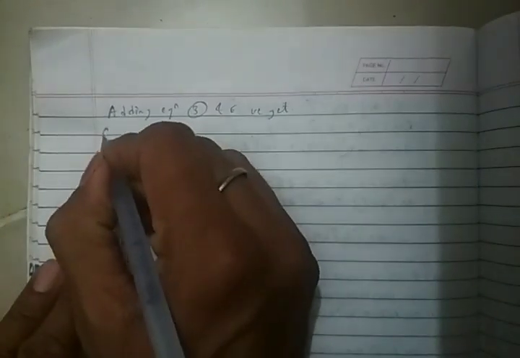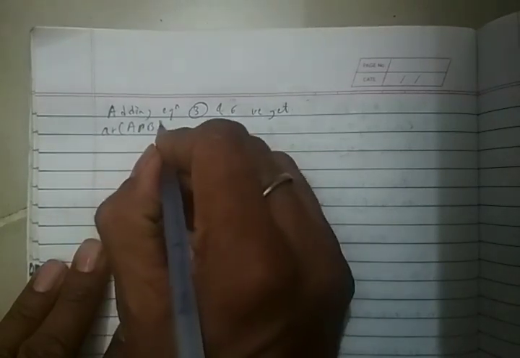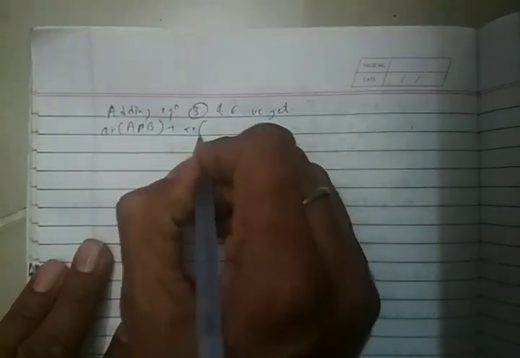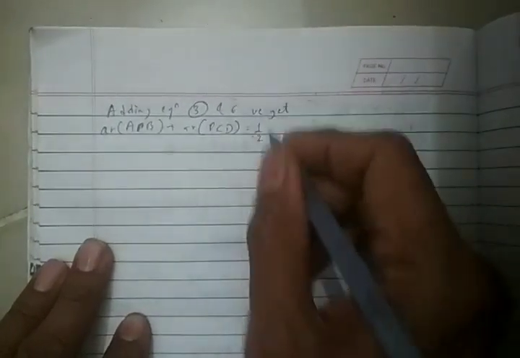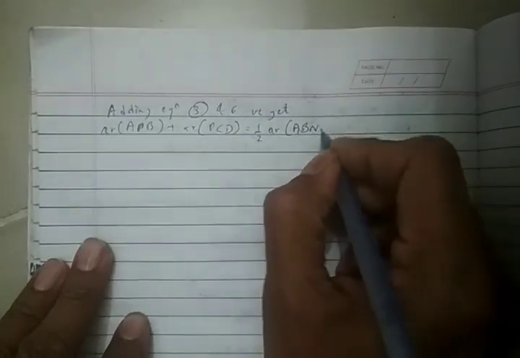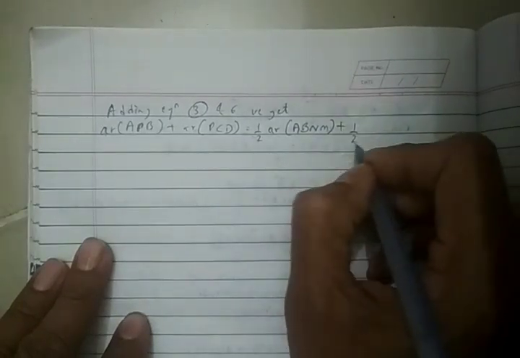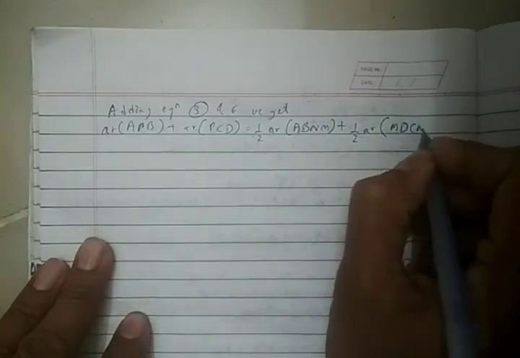Adding equation 3 and 6, we get area of APB plus area of PCD is equal to half of area of ABNM plus half of area of MDCN.